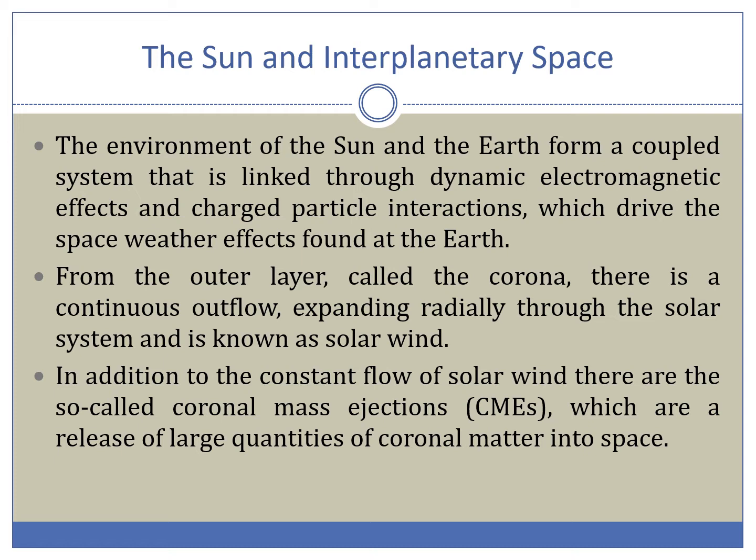This so-called solar wind is a plasma primarily composed of protons and electrons whose energy is high enough to escape the Sun's gravity. In addition to the constant flow of solar wind, there are the so-called coronal mass ejections, which are a release of large quantities of coronal matter into space, usually accompanied by electromagnetic radiation.